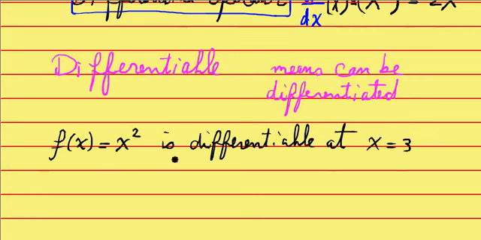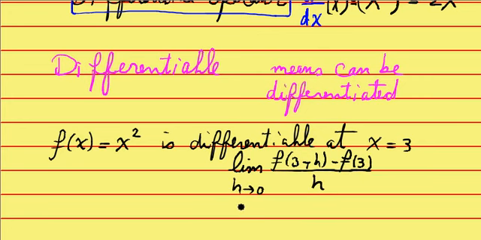It means I can go ahead and calculate the limit of this process, limit of f of 3 plus h minus f of 3 over h as h goes towards 0 exists. So to say f of x equal to x squared is differentiable at x equal to 3 means that if you go to the trouble of finding this, there is an answer. There is a real number answer.